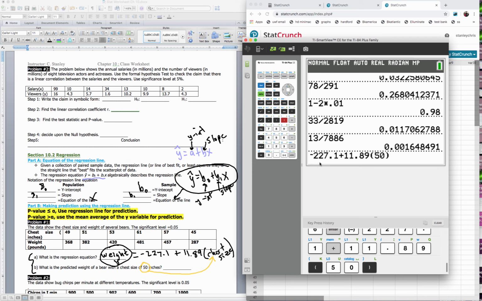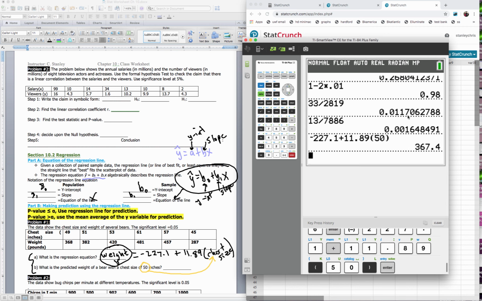So essentially this is predicting the weight for a bear that would have a chest of 50. So 367.4, and we're in pounds. Okay, so that's essentially what you have to be good at for this section.